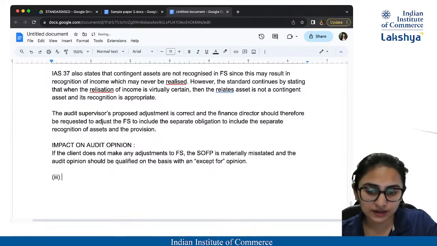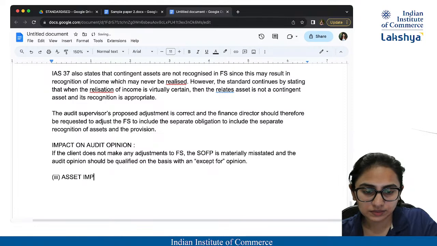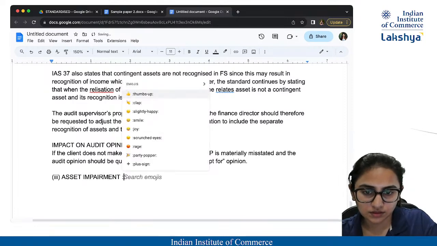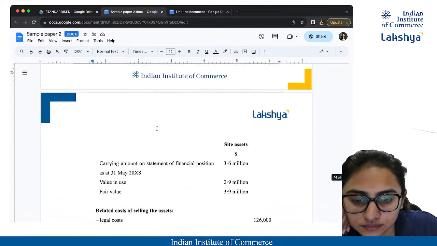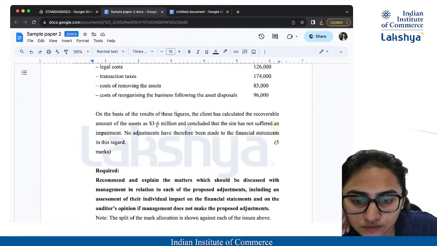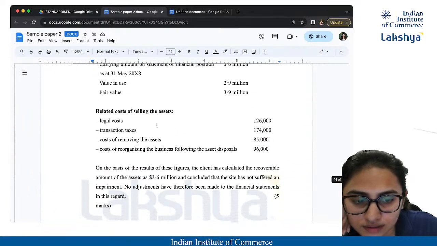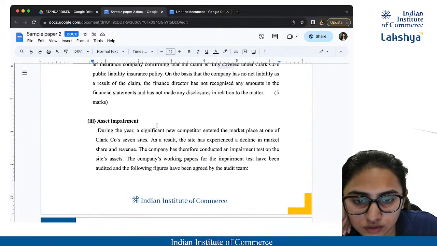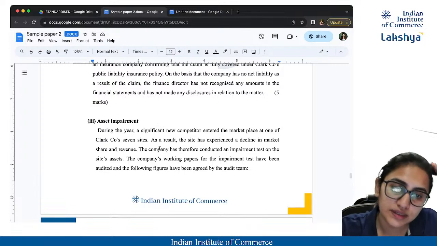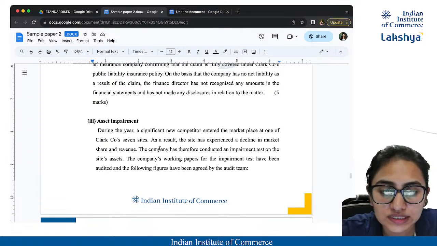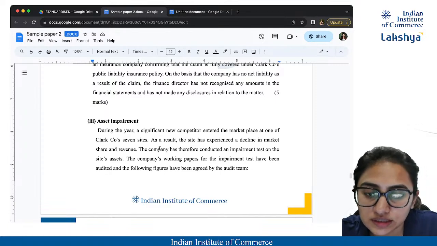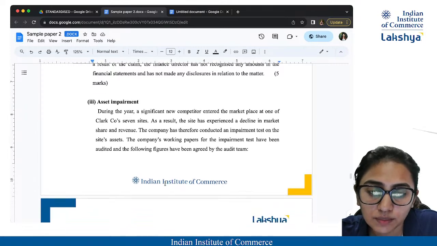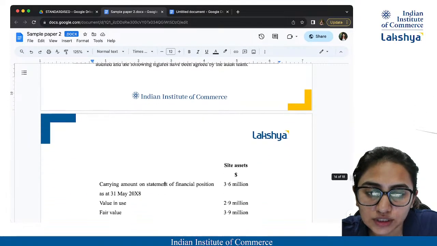And the third one we have is asset impairment. So what will you say about asset impairment? You have to read it first, and this is for 5 marks. During the year, a significant new competitor entered the market at one of the Clark Company's 7 sites. As a result, the site has experienced a decline in market share and revenue. The company has therefore conducted an impairment test on the site's asset. The company's working papers for the impairment test have audited the following figures.